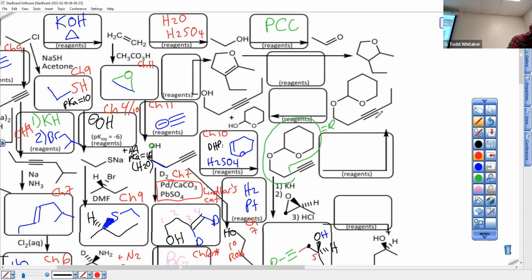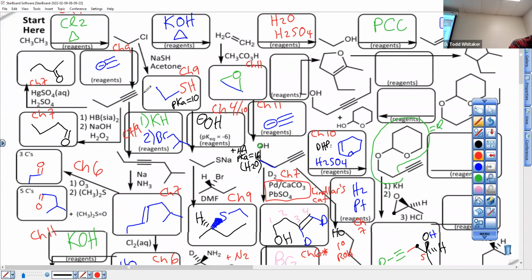Did anything happen here? Let's just do this. Yes, we have a new group on a terminal alkyne, don't we? How did you get a new group on a terminal alkyne before? There's a terminal alkyne with a new group on it that's an ethyl. You need a C minus and an ethyl with a leaving group.